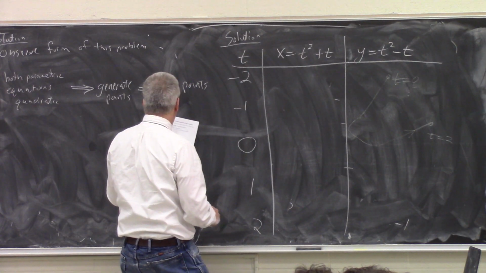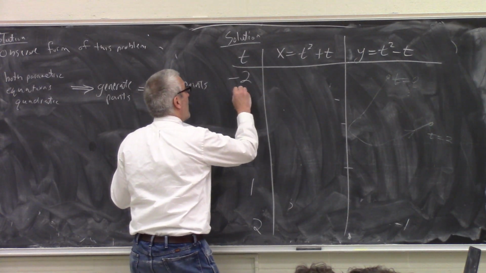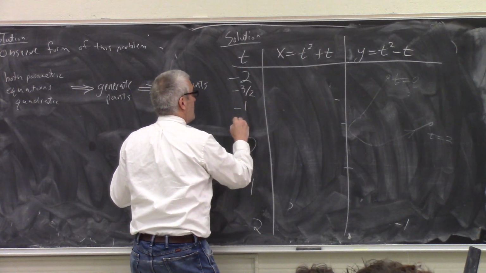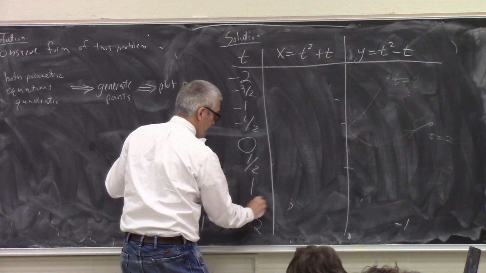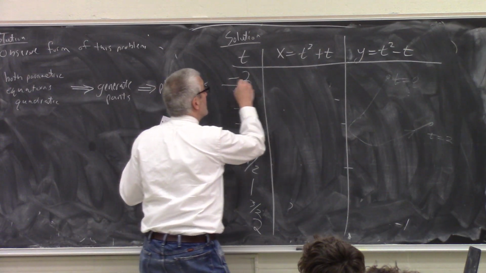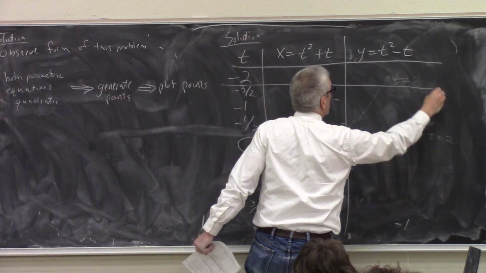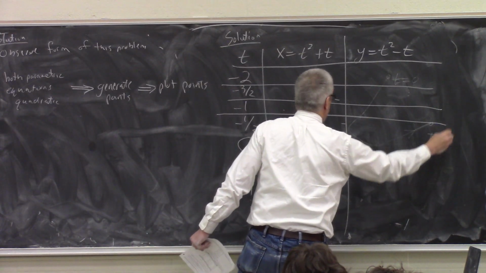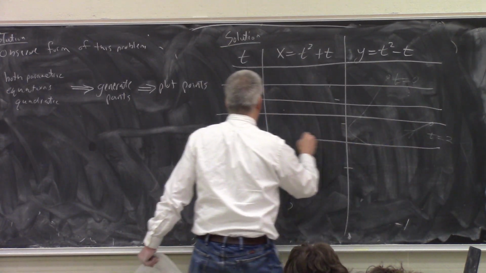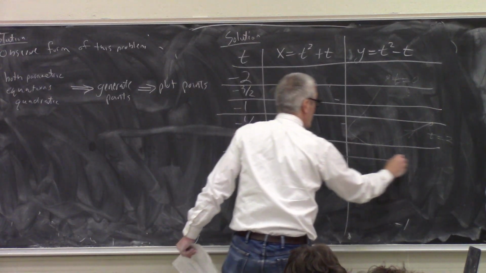But it's going to help to have some more points in between. So -3/2, -1/2, +1/2, +3/2. Because you'll see, as we do this, we would not have enough data points to get a good graph if we didn't do this.